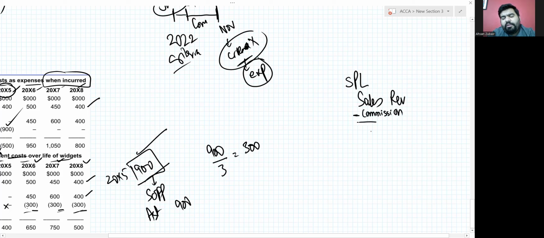It means you are selling something for 100, but you have to pay someone commission, so net revenue is 90. For example, I have a pen and I know that I can't sell it, so I will hire a specialized salesperson and tell him to sell this pen of 100, and if he sells it, the $10 will be for him and the remaining 90 he has to give me. So I get the net benefit of 90, which is known as net revenue.